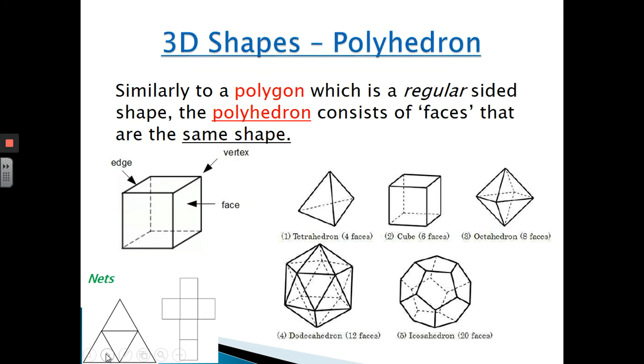Okay, right, another area that children will need to learn in relation to shape is 3D shapes and polyhedrons. Similar to polygons, those sort of regular 2D sided shapes, a polyhedron consists of faces that are the same shape.